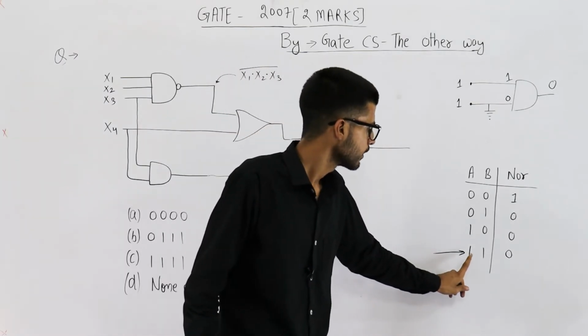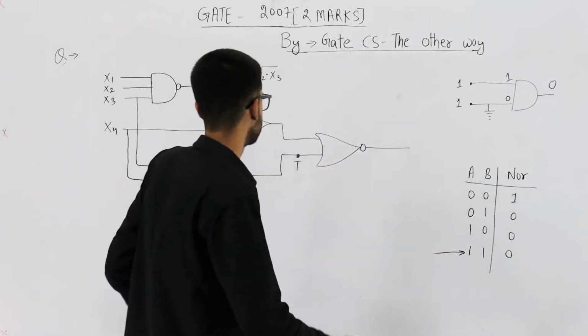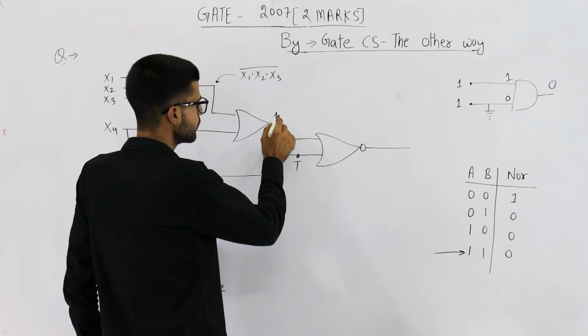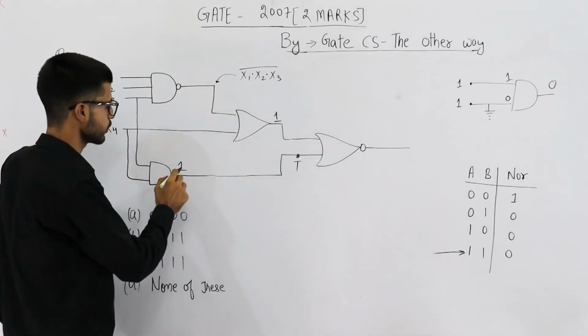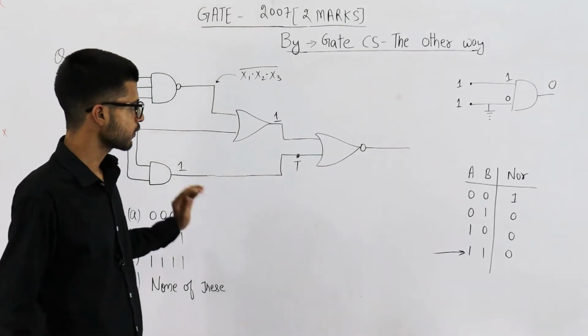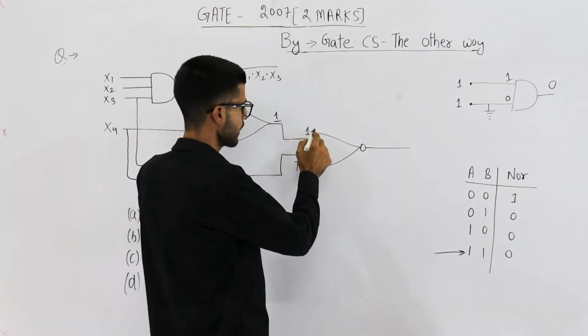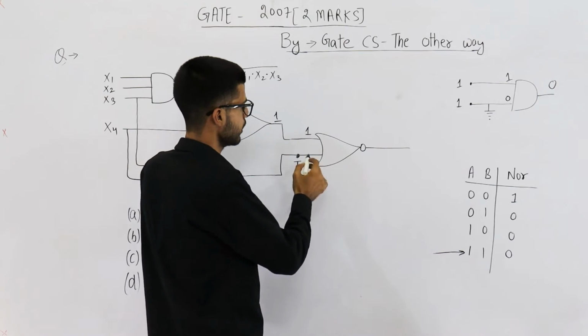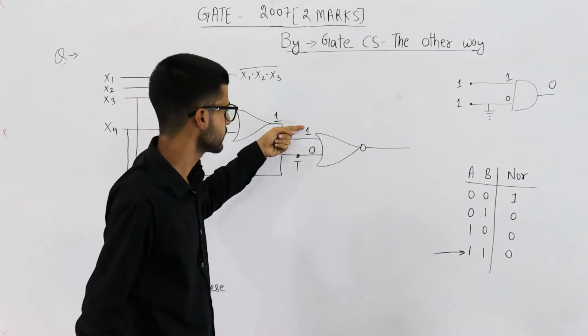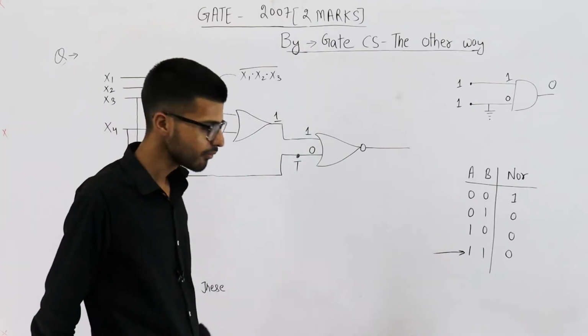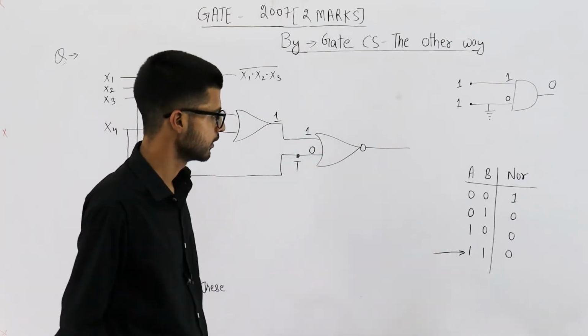You see, if I apply 1, 1, I somehow make this output 1 and I somehow make this output also 1. Now what will happen is, here you will get 1 because there is no fault in this wire. But this wire has a fault. It will change the output to 0. That means 1, 0. This is what this NOT gate is getting.